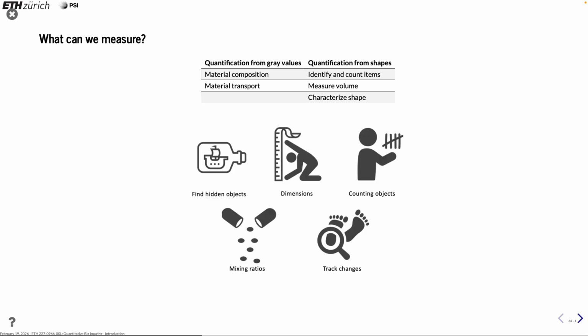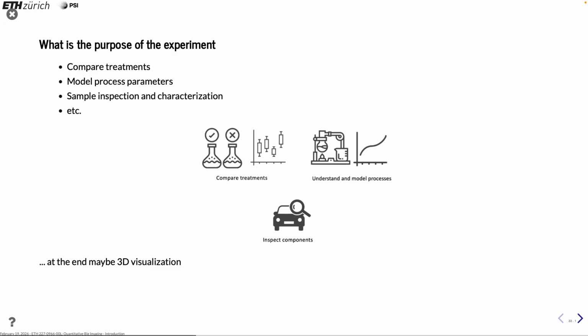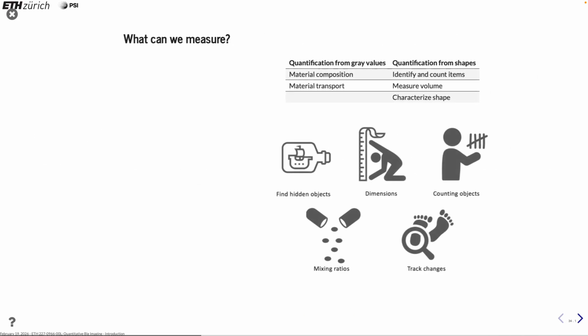And the purpose of the experiment is also what you want to learn from it. And mostly you want to compare different treatments. You want to check different process parameters and see what they do to the sample. And you can also use it for sample inspection.